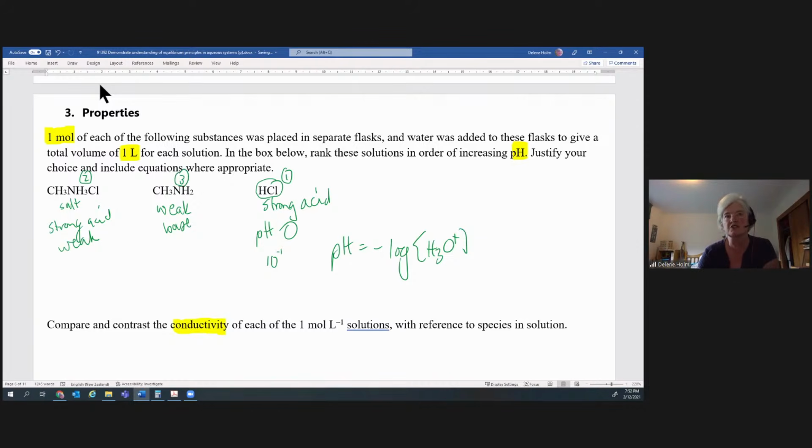This will have a pH of 0, this will have a pH of round about 3 or 4, and that's going to have a pH of round about 8. You won't be expected to know that, although you could work out the HCl. But you should be able to recognize from those lists what they are.